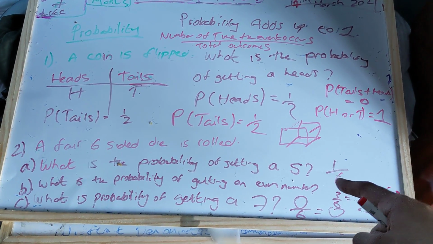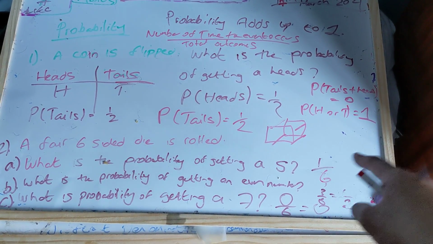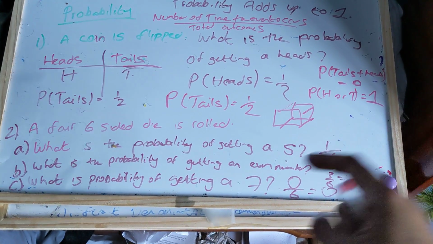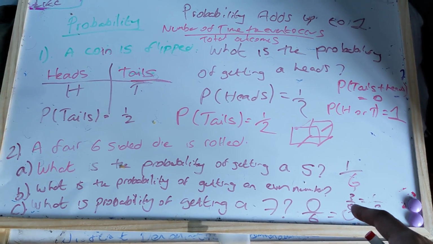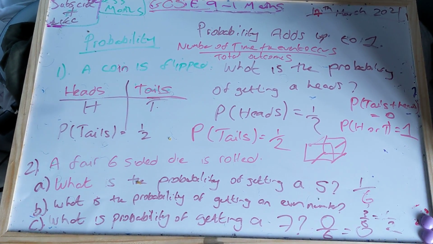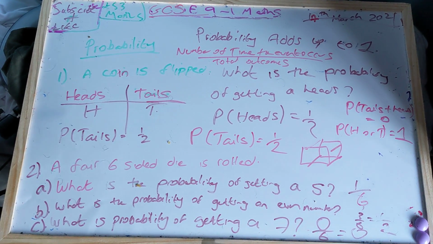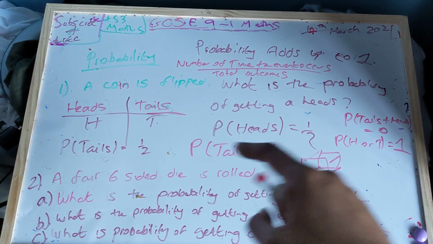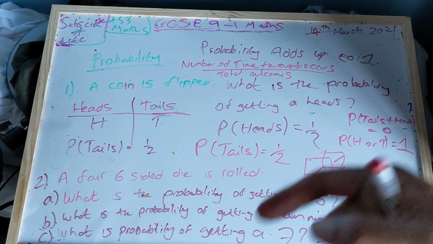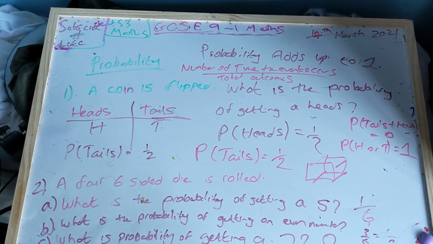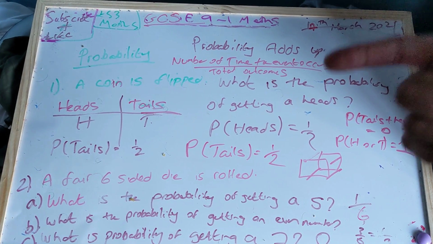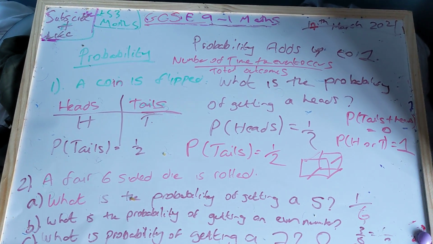Here, it's 0.16 recurring, and then roughly 16.6%. And here, 3/6 is a half, so it's 0.5 or 50%. So fractions, decimals and percentages can be used to answer probability questions. It usually depends on the nature of the question what the answer will require of you, but the answer can be expressed as a fraction, percentage, or decimal.